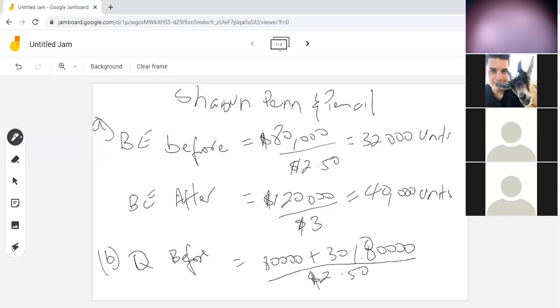So let's just bracket this here. So when we work this out, we should receive 41,600 units.